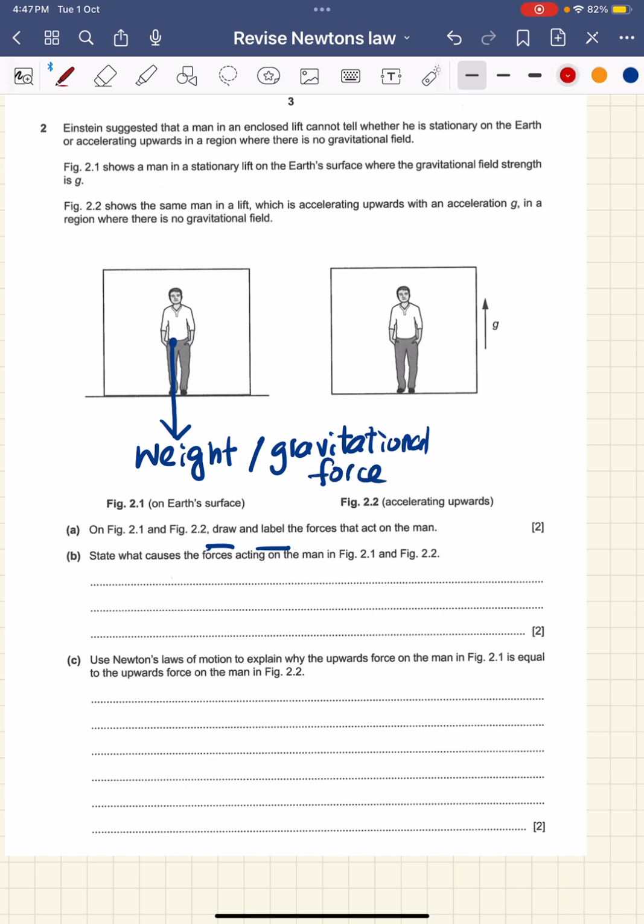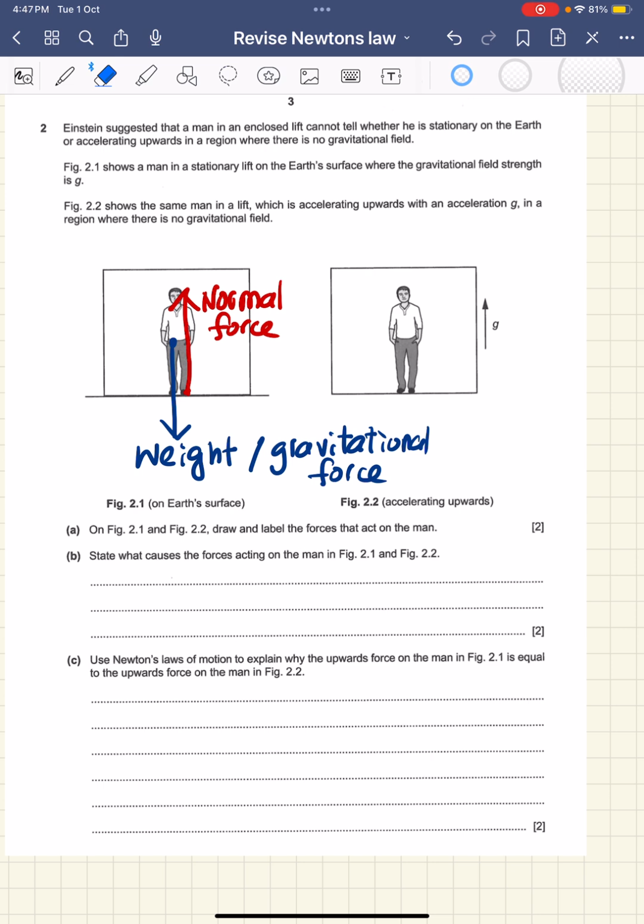Now the man is standing in the lift, so the floor of the lift is supporting the man. So that would be a normal force on the man. You can either write normal force or normal reaction force. Both are okay. So that will be for figure 2.1.